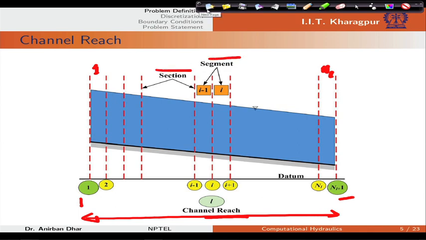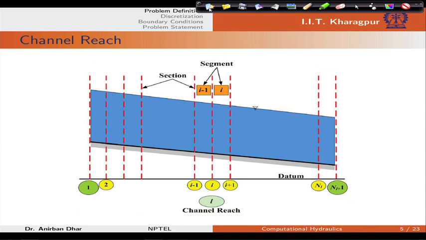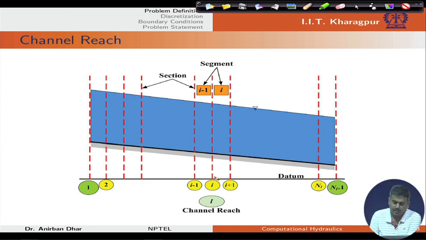Now, out of this, the total energy or E value is defined with respect to datum, this datum. Now, if you have a segment I, that means it is connecting the sections I and I plus 1.